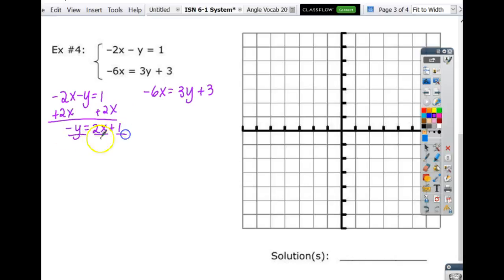And then divide by negative 1. So I'm going to go ahead and graph this. I'm going to start at negative 1. So I have negative 2, positive 1, negative 2, positive 1.